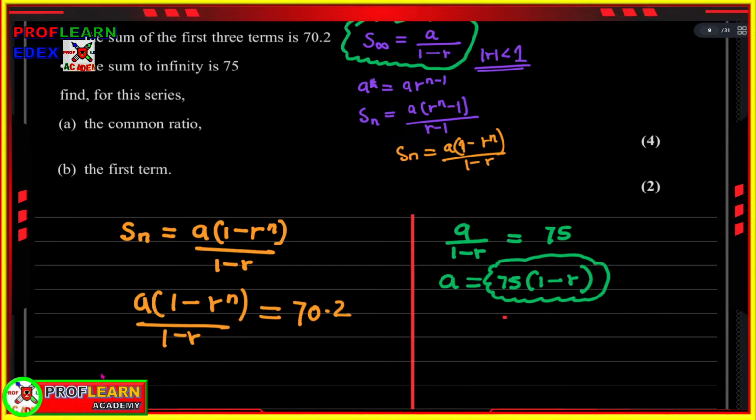I'm going to say 75 into 1 minus r, into 1 minus r raised to power n, divided by 1 minus r is equal to 70.2.